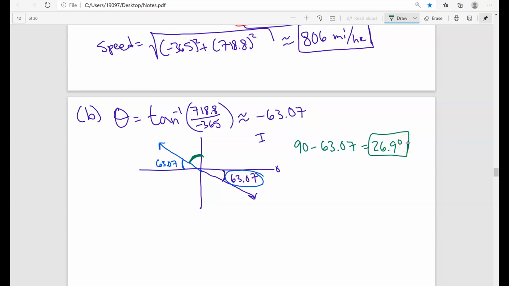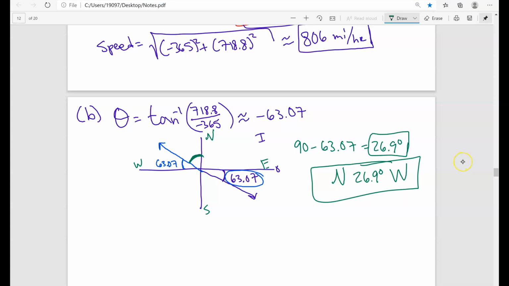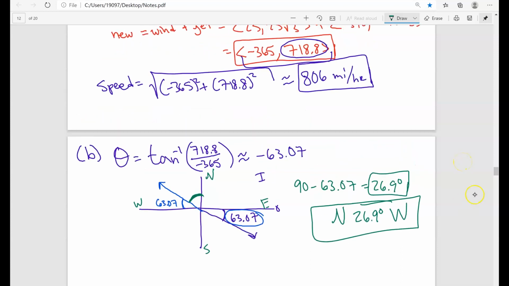Now, in what direction is it going? This is going northwest. So it's going northwest at a bearing of 26.9 degrees. And you can see that this actually makes sense because we said that it wasn't going to be 30 degrees anymore. It was going to be much less because that wind is going to be pushing it. Not by a lot, but it is going to push it a little bit off course.